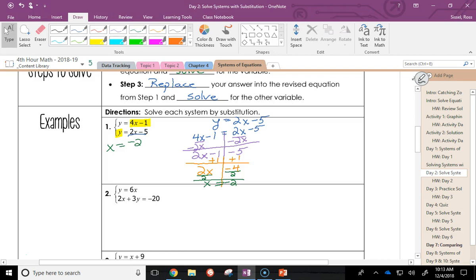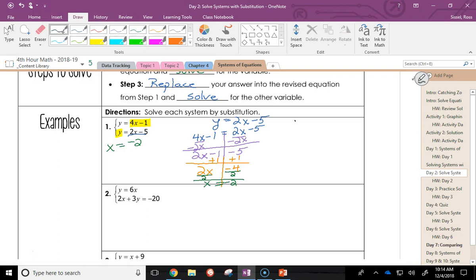Step 3 says, now I'm going to replace my answer. I'm going to take that negative 2. X was negative 2. I'm going to take that negative 2 and I'm going to put it into my equation. And to be honest, I can put it in either equation. I can put it in the top one or the bottom one. I'm just going to do the top one.